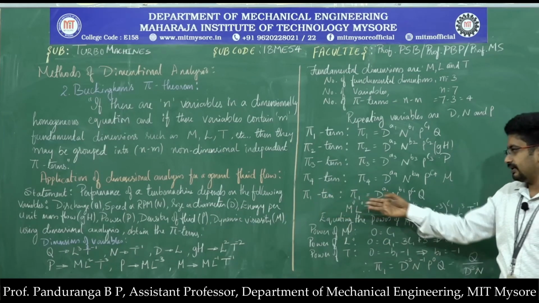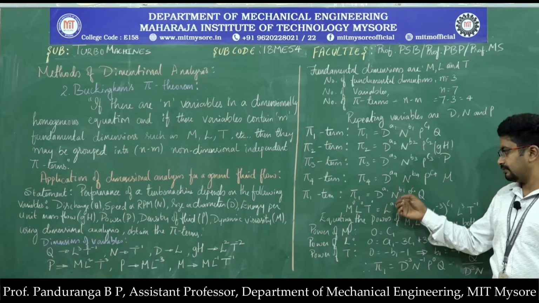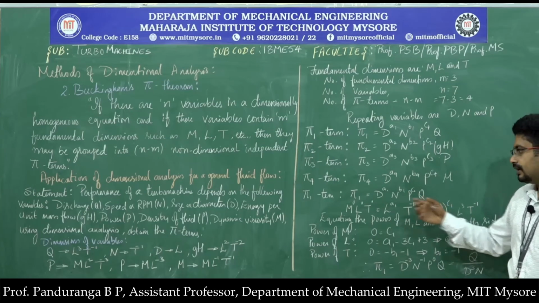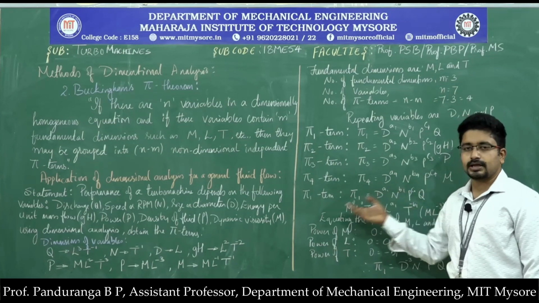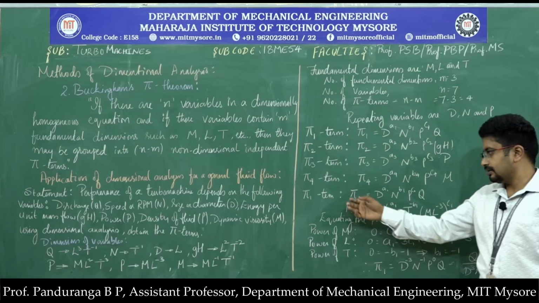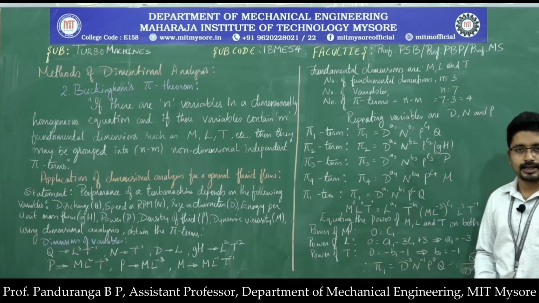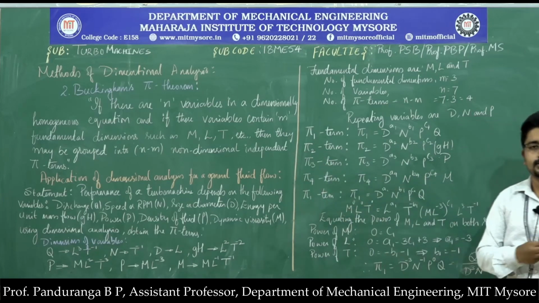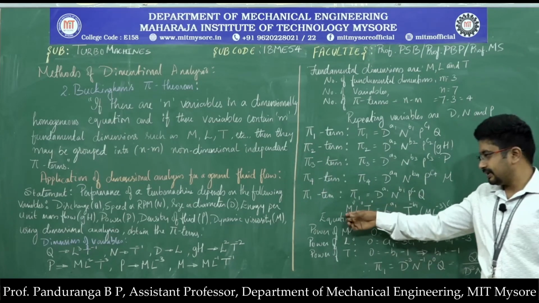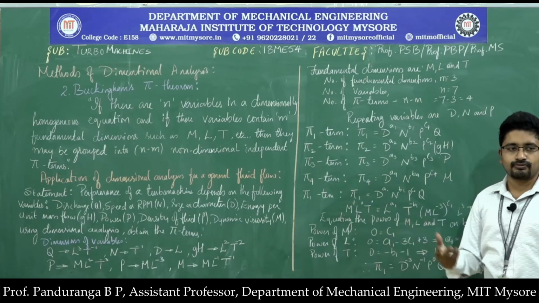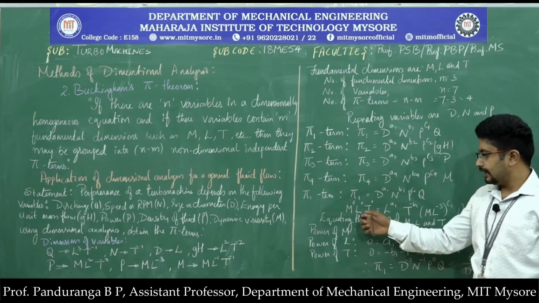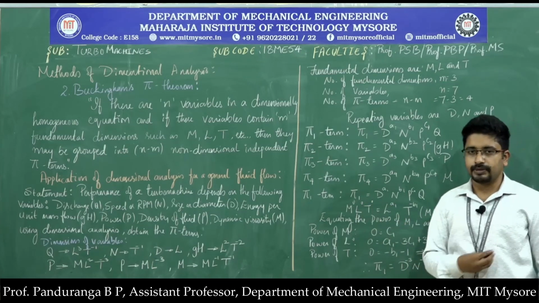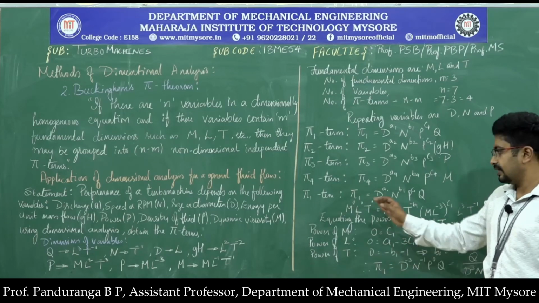So pi 1 is equal to d to the power of a1, n to the power of b1, rho to the power of c1, into Q. Now I will write this equation in the form of fundamental quantities. So pi 1 is a dimensionless, independent term, so it has no dimensions. So I will write M to the power of 0, M to the power of 0 is 1, there won't be mass, L to the power of 0 is 1, there won't be length, or T to the power of 0 is 1, there won't be time on the left hand side.